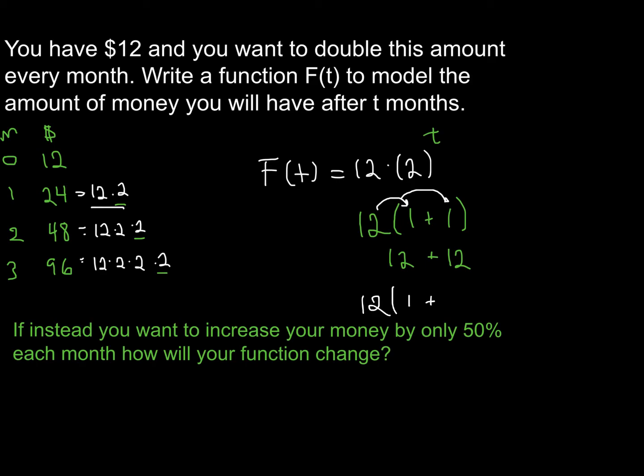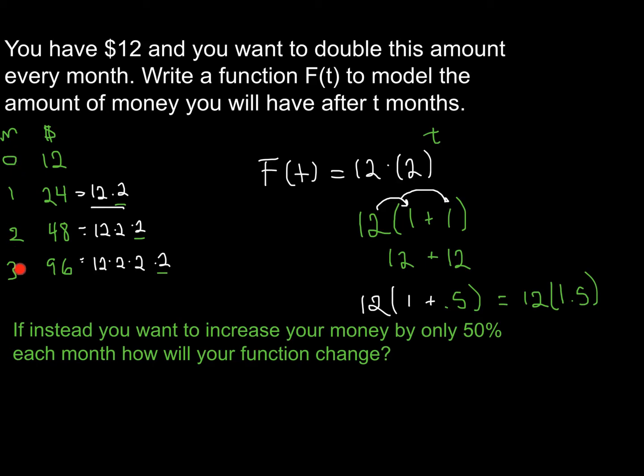Well, 50% is 1/2 or 0.5 of 12. So this value will now be 0.5. So the new method, what this really is for 50%, is that I'm going to have 12 times 1.5. And when I multiply by 1.5, that's going to increase whatever my value is by 50%.